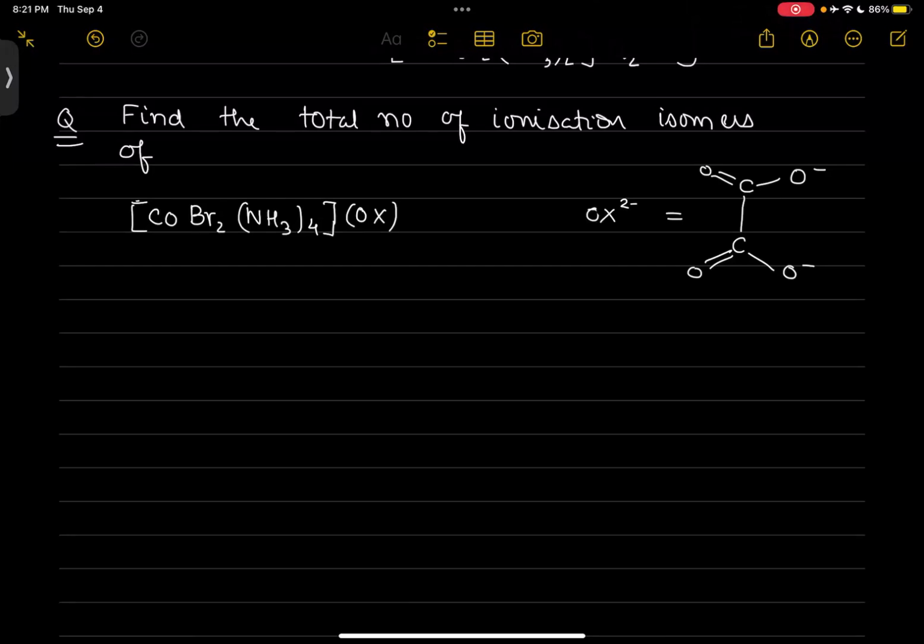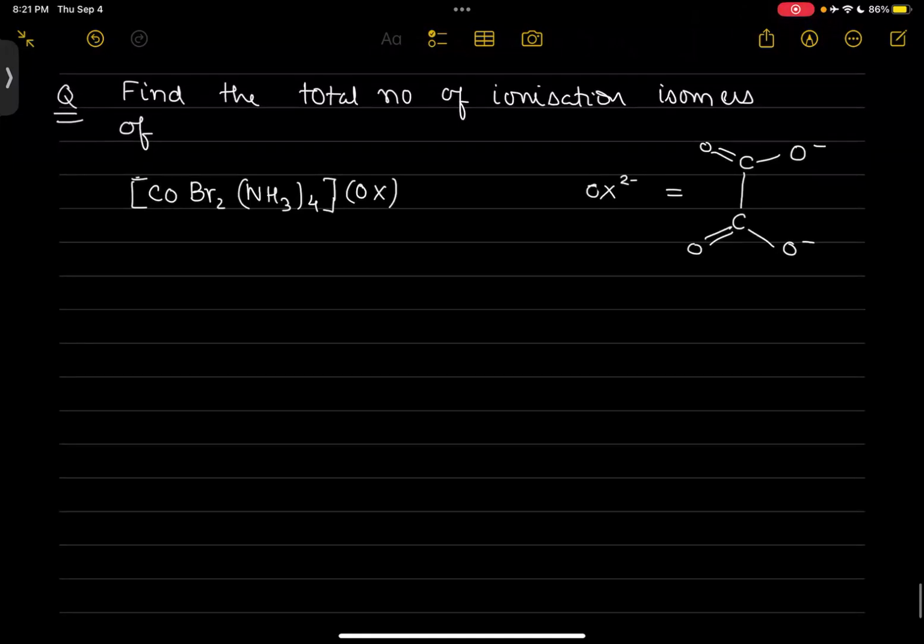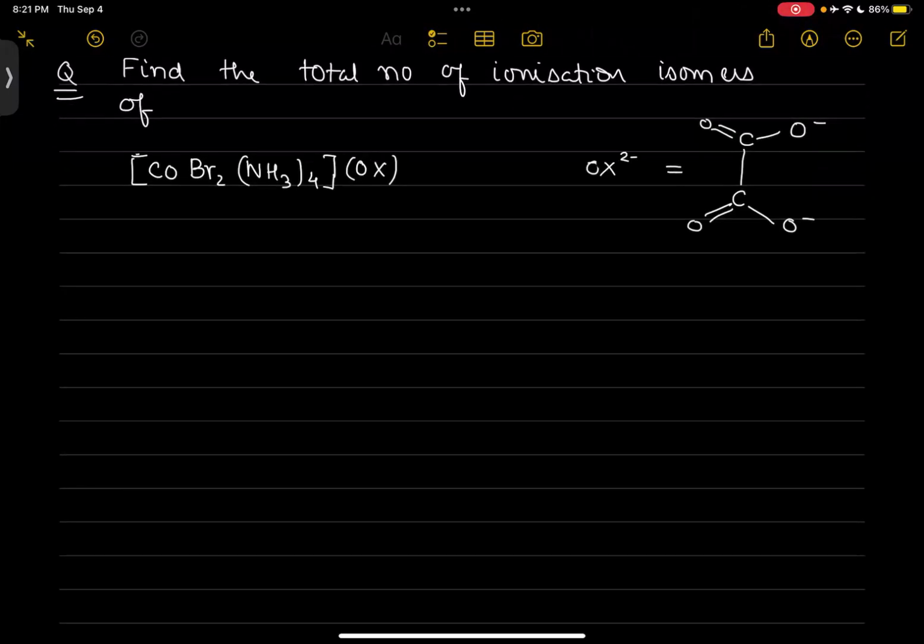You can see there are 6 ligands, 2 bromido and 4 NH3. If you are taking the oxalato inside the square bracket, you need to exchange one oxalato, which is a bidentate ligand, with 2 bromido. Got it? Is it clear? Because bromido is monodentate. I mean to say that one bidentate ligand is exchanged with 2 monodentate ligands. Is it clear or not?